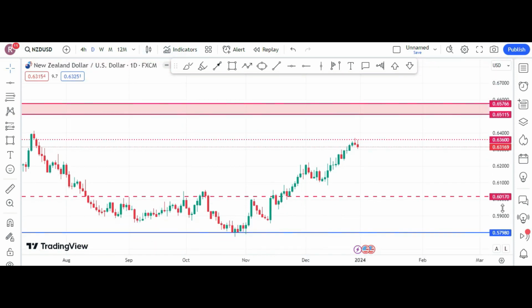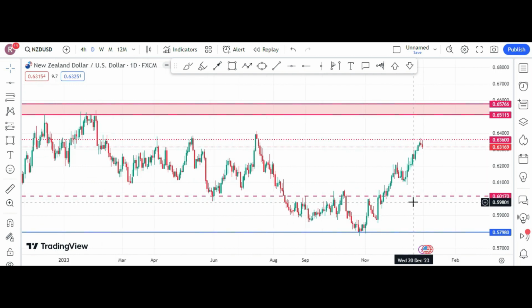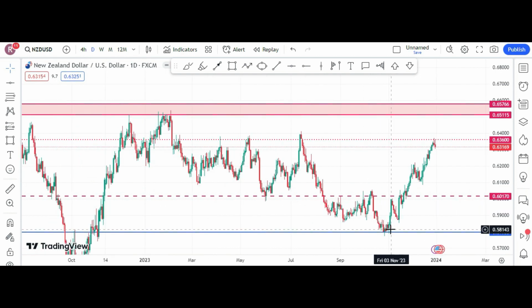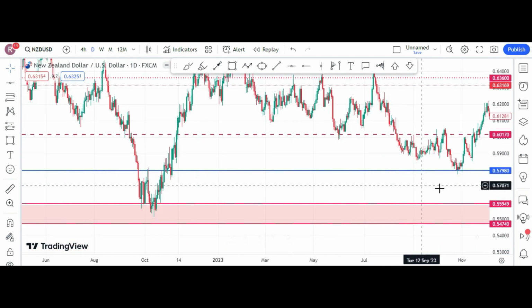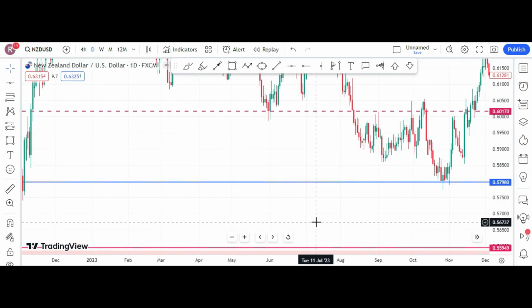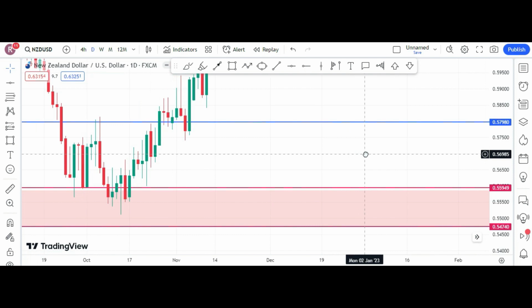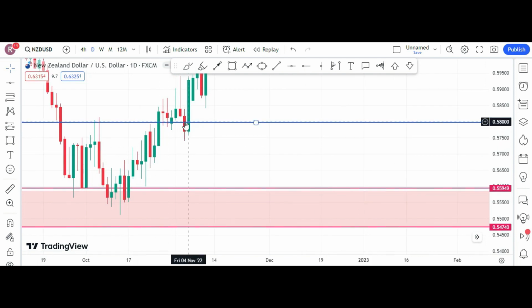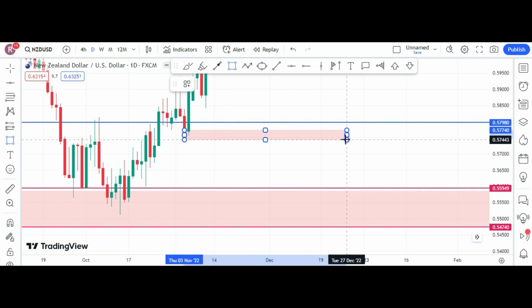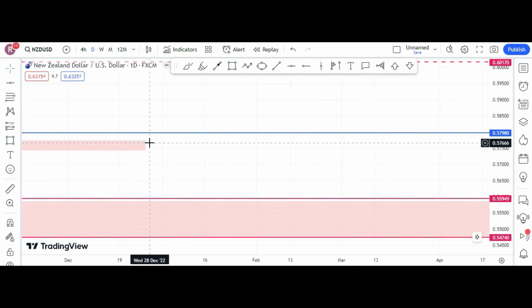We'll work on that. Let us draw it first. So from here it created the double bottom in that time frame.